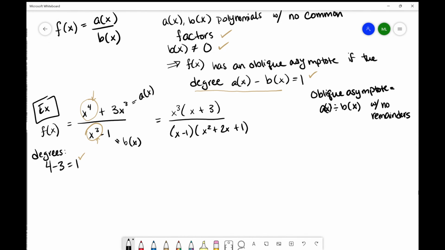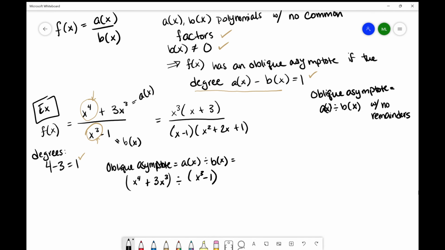So we want a of x, so our oblique asymptote is a of x divided by b of x, and in our instance, that is x to the power 4 plus 3x cubed divided by x cubed minus 1.